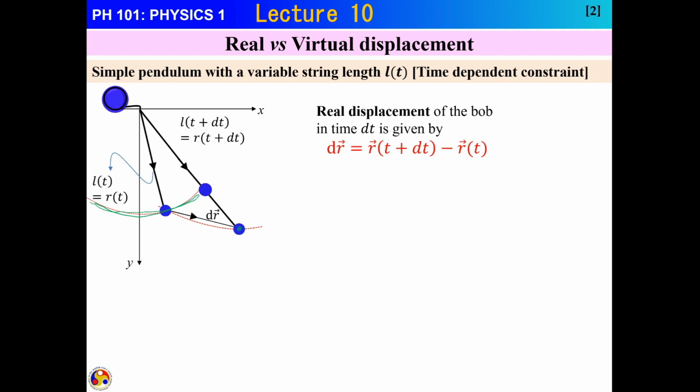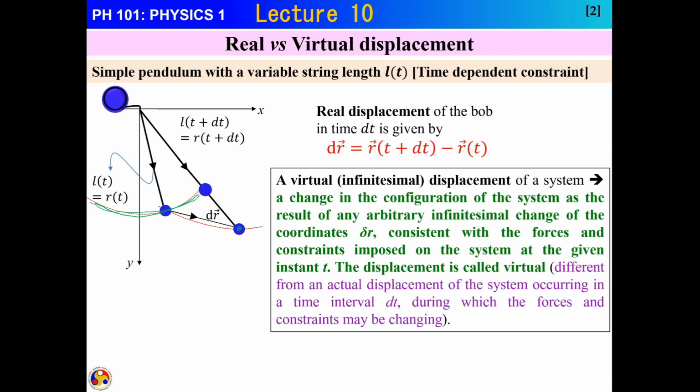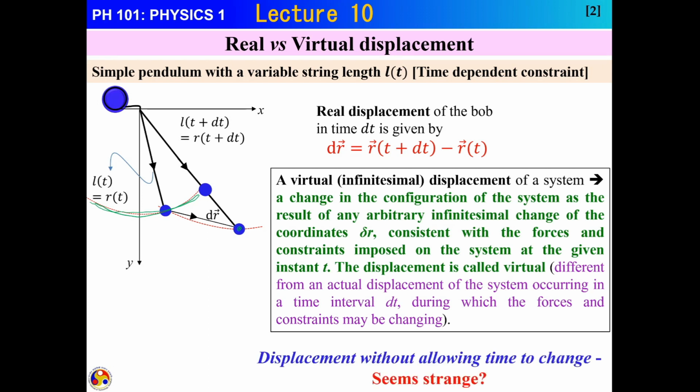Now we are going to introduce a concept called virtual displacement. What is virtual displacement? The virtual displacement of a system is nothing but a change in the configuration of the system as the result of any arbitrary infinitesimal change of the coordinates, which is delta r.